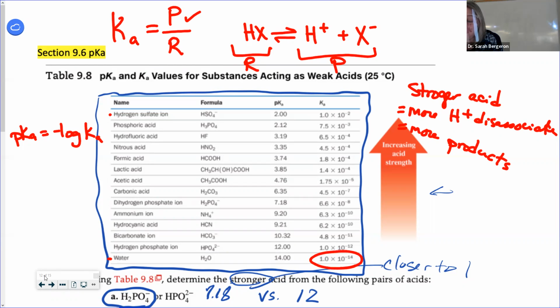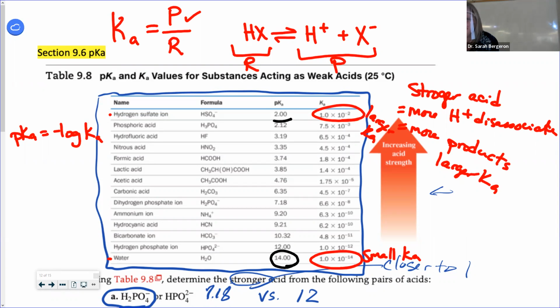So down here we have a small Ka. Up here we have a larger Ka, right? So more products, larger Ka. So how does that translate to pKa? Well, look at the comparison. Here's my weakest acid possible. It is at pKa of 14.